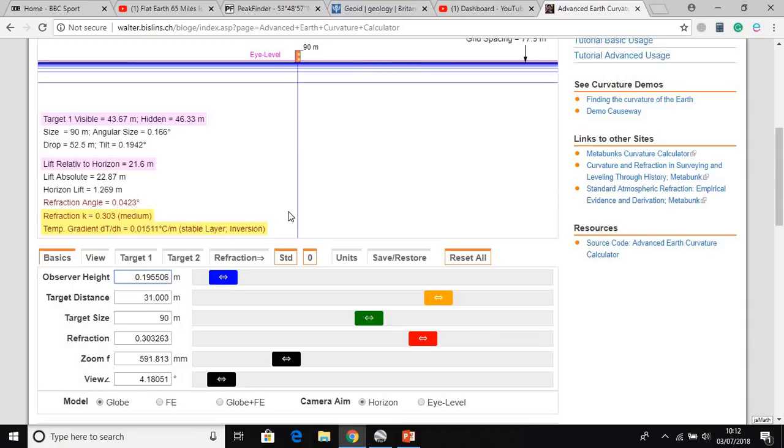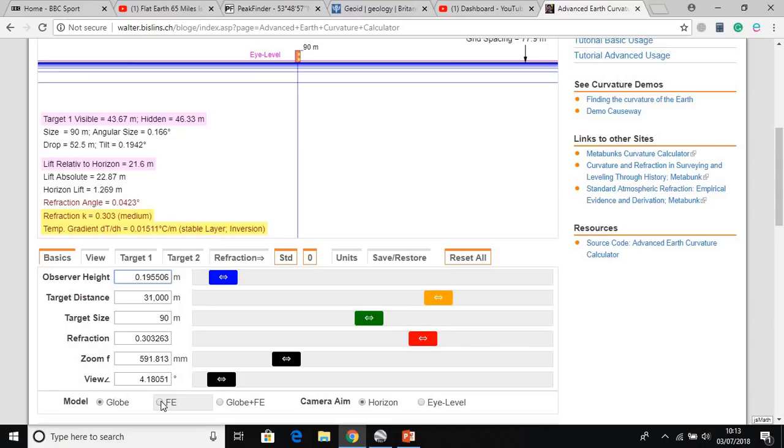So that helps to confirm what level of refraction was probably going on at the time, and confirms that we're seeing about 40 meters of the tower, with the remaining 50 meters hidden below the horizon.